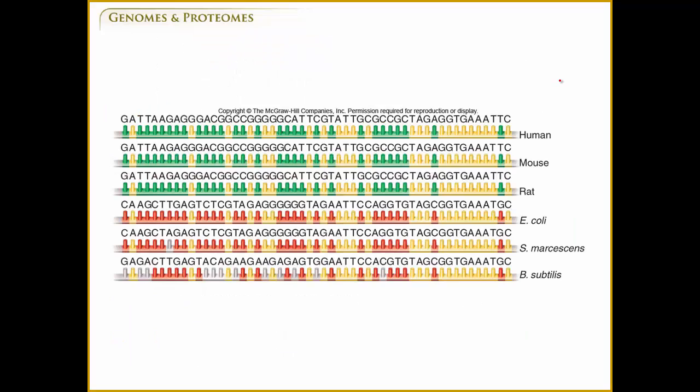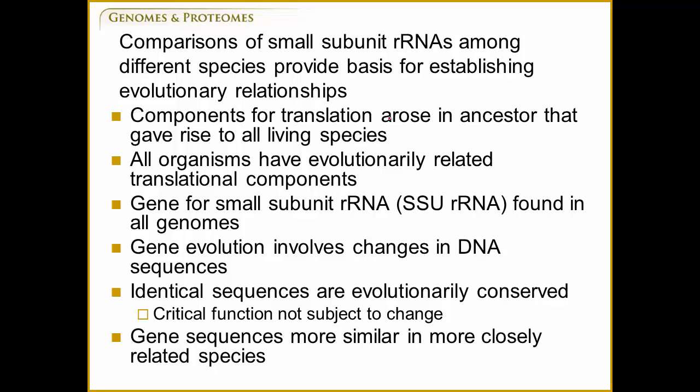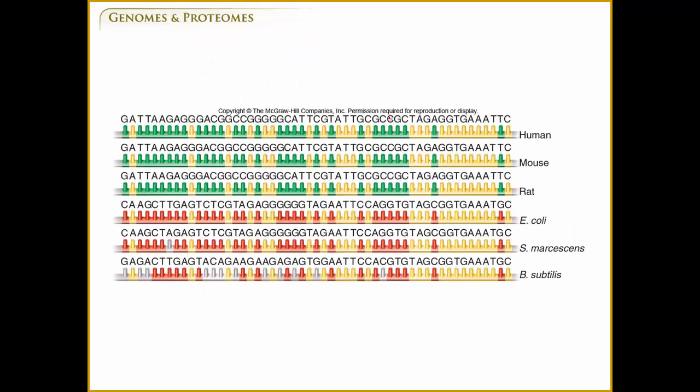As we go down: humans, mice, rats, and then bacteria: E. coli, Serratia, and Bacillus. When you look at the 16S ribosomal RNA sequence here, notice that humans and mice have a lot of homology. If you walk through each individual base, and I'm doing a quick scan, there's 100% homology.